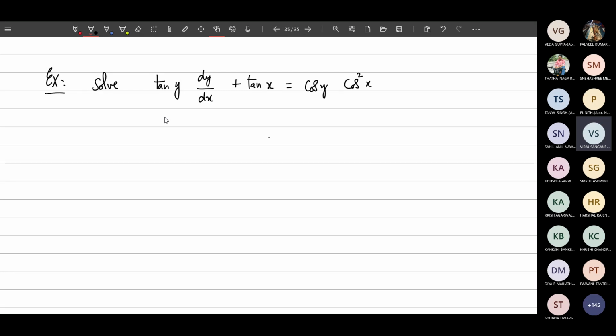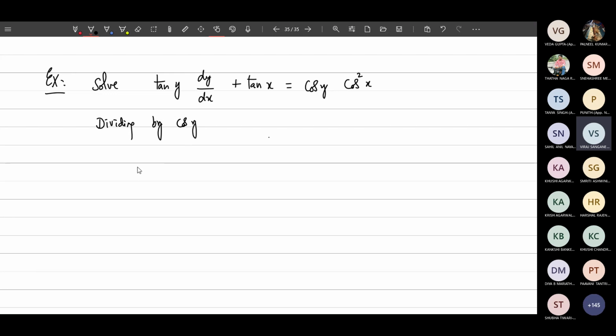So the best way is, if the right side is x alone, then p and q are functions of x, so that you will get linear in some other variable. So I'll try this, dividing the equation by cos y.